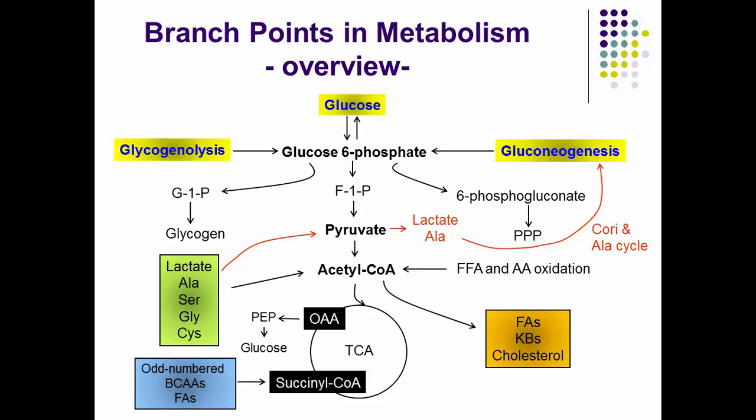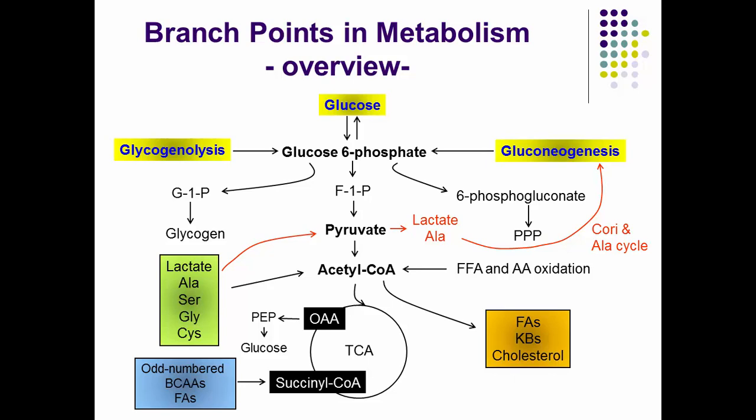So glucose 6-phosphate, pyruvate, acetyl-CoA, and succinyl-CoA here in the TCA cycle. We know glucose 6-phosphate can be generated from glucose oxidation, from glycogen breakdown pathways, and also the gluconeogenesis pathway, right? And it can be used for the pentose phosphate pathway, right, for synthesis of a 5-carbon sugar phosphate.